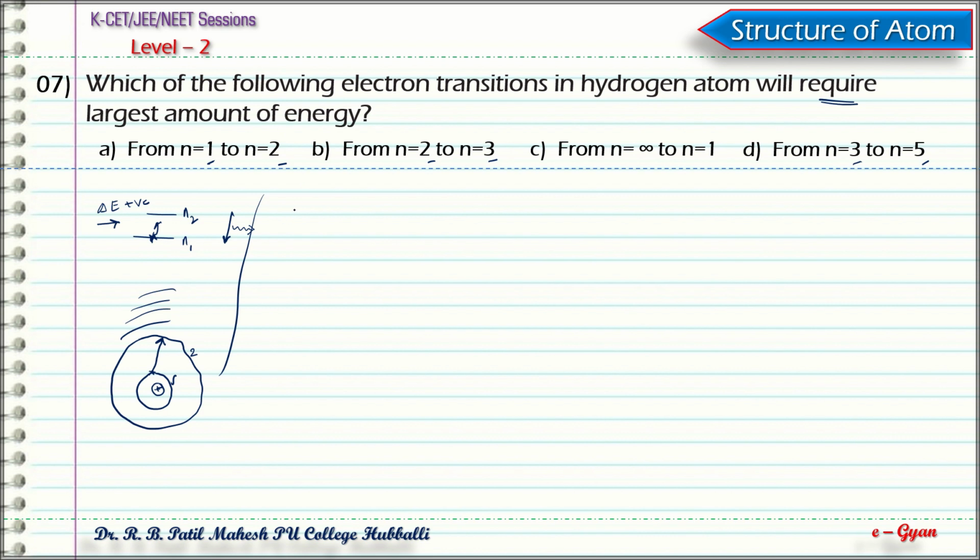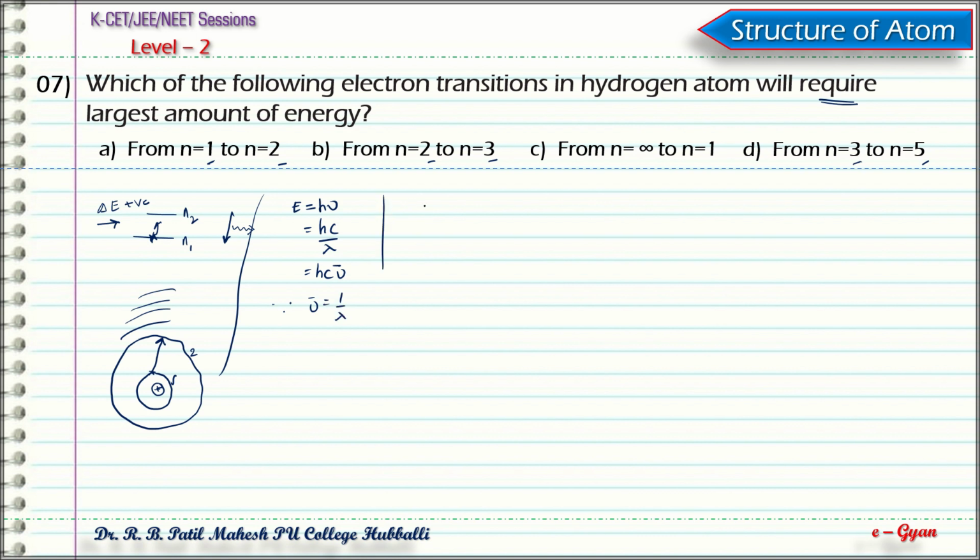Coming to the calculation part, we learned energy E is equal to h nu, which can also be written as hc divided by lambda, which can also be written as hc nu bar, because nu bar is equal to 1 by lambda.